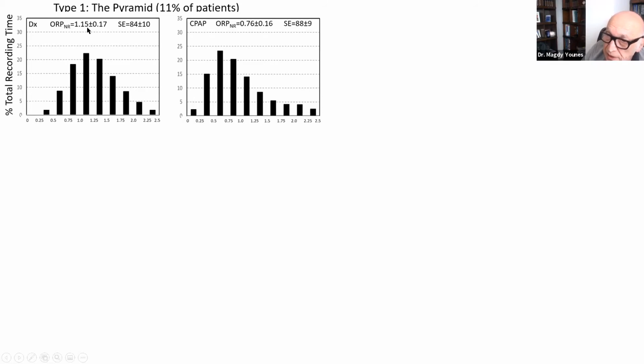This is quite high because most of the epochs are in this transitional state, which has a very high ORP. Sleep efficiency was 84. Now on CPAP, ORP non-REM went down from 1.15 to 0.76, which is a very good response. But sleep efficiency increased only a little. Of course, it was normal in both cases. So this is type 1.